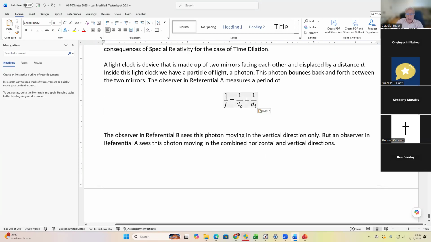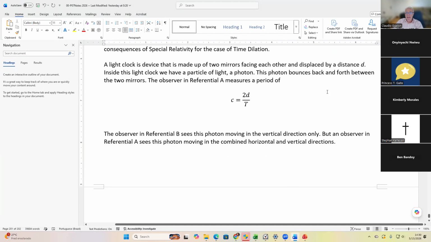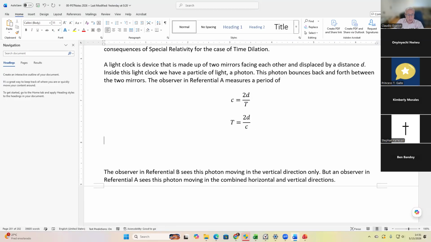The speed of the light, of the photon, would be the distance traveled back and forth, divided by the period of the clock. Make sense, right? Here we can write the period of the clock as t equal to 2d over c. This is the period of the light clock.